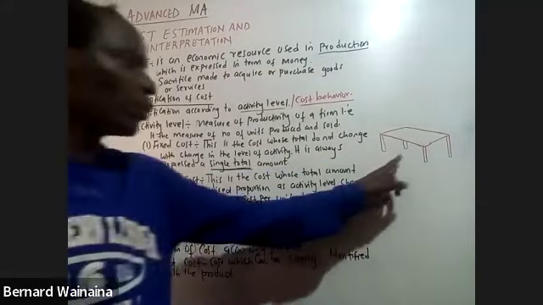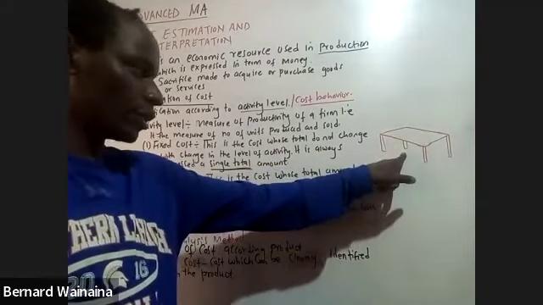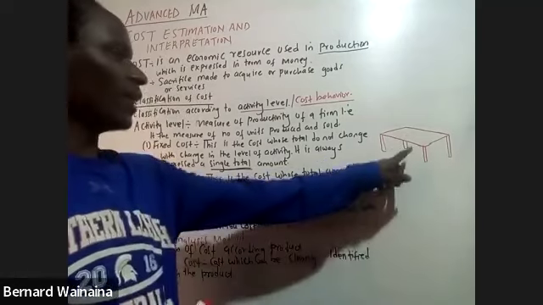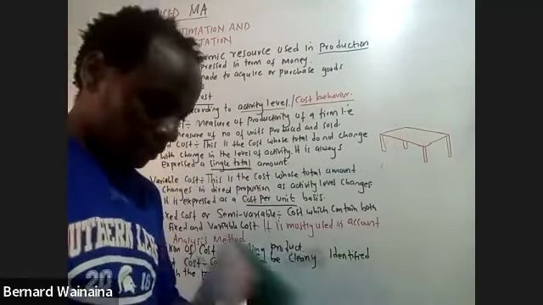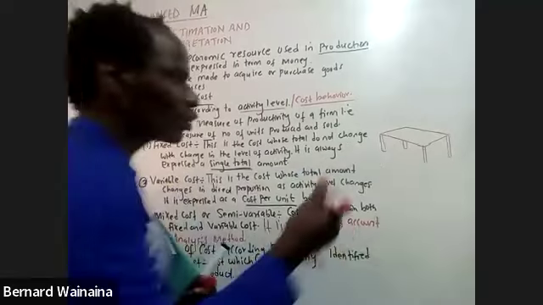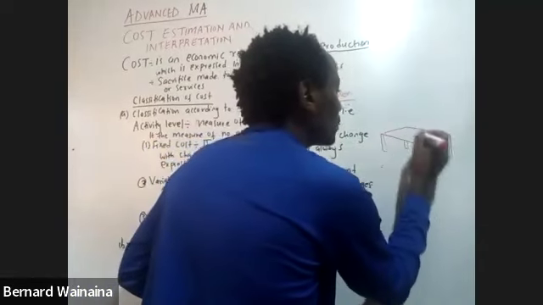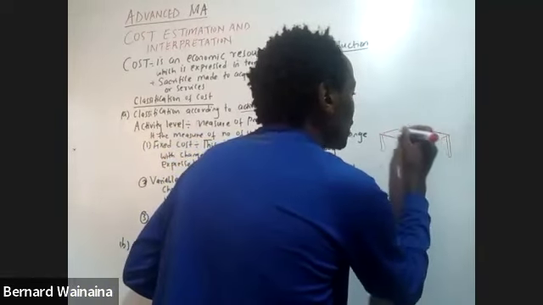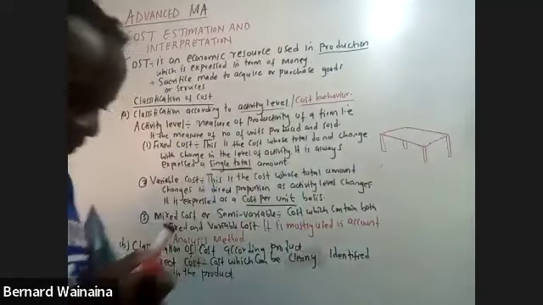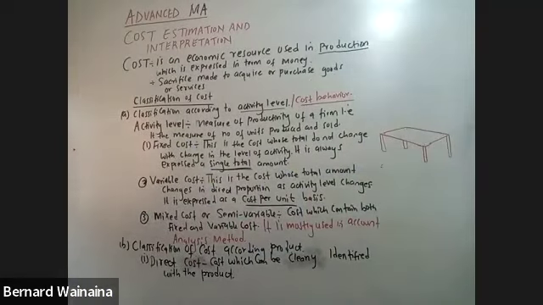When we see the wood, we can know the amount for this table. But there are other items here which we cannot tell. We have the nails that hold it together. You may find that someone bought one kilo of nails and made four tables. So we cannot say the exact amount of nails. So that is what we call the indirect cost.